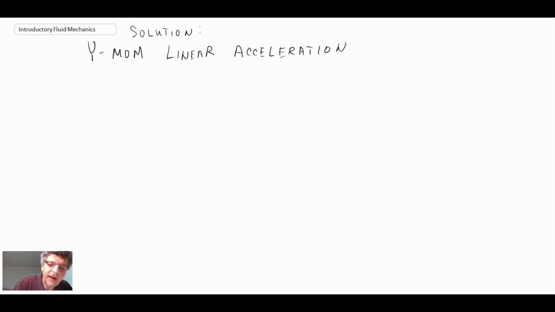If you recall, in the last lecture segment we came up with an expression that was basically a modification of the form of the momentum equation, where we modified it with this term that I'm writing right now, pertaining to the acceleration of the reference frame. And then everything else was the same.